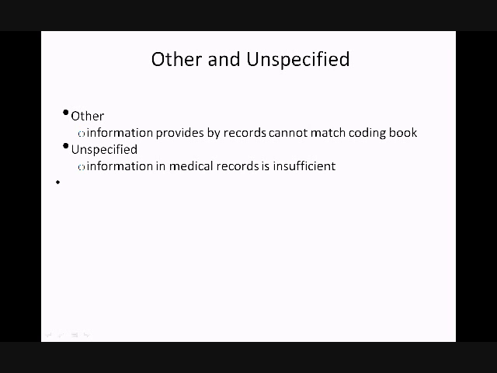When you talk about something that's other, it simply means the information provided cannot match whatever you have, so really similar to not elsewhere classified. It means the information that was provided to you cannot be found in the book. Whereas unspecified means that information was not provided to you. So two very different distinctions, make sure you understand the difference between the two.